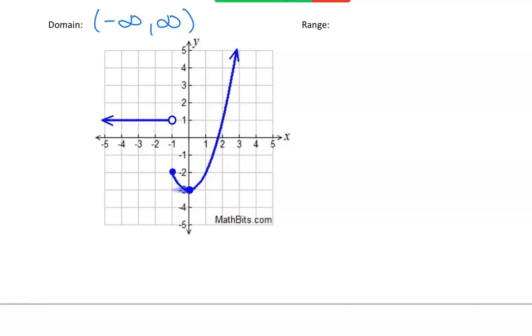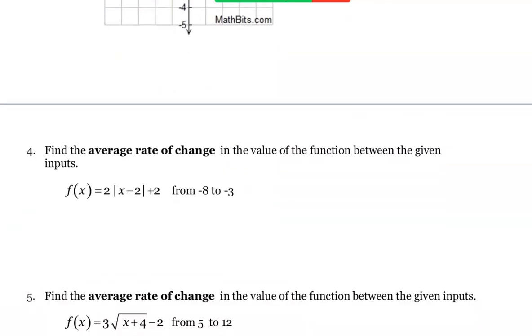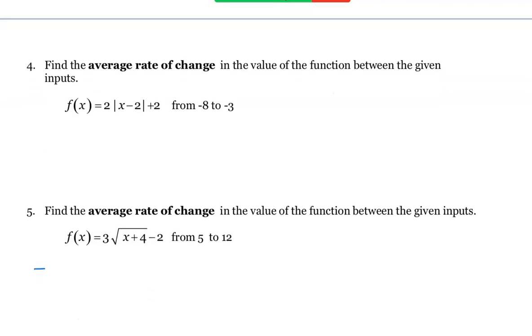My range, I'm going to start down here, and if I go up this side, I can go forever and ever. So that's going to start at negative 3, and it can equal negative 3. Start at negative 3, that's the lowest y value I have, and I'm going to go all the way to infinity, done.